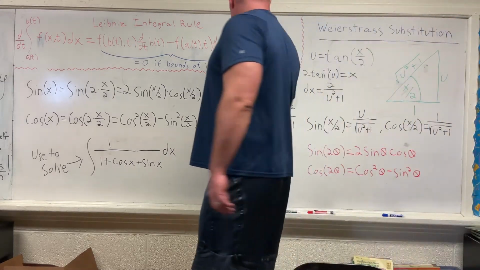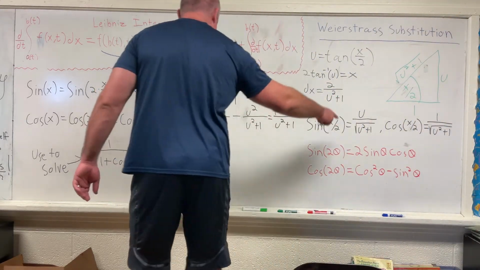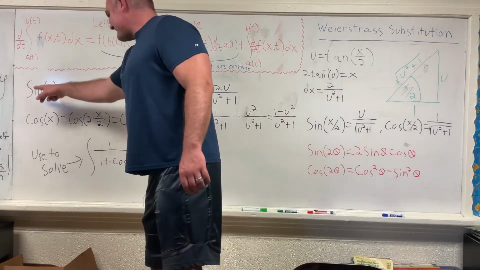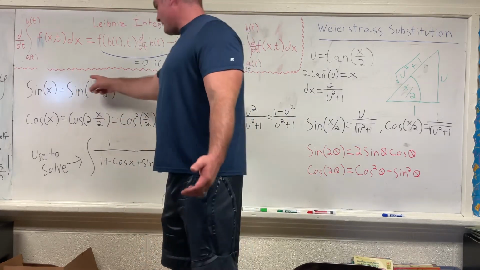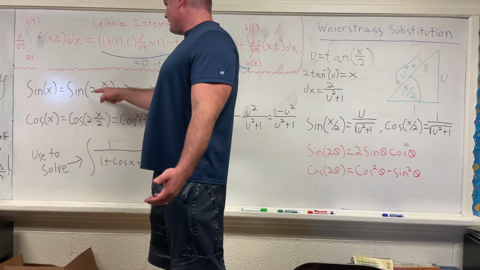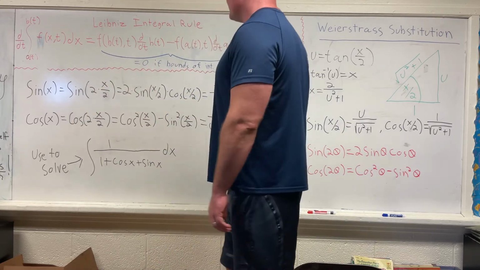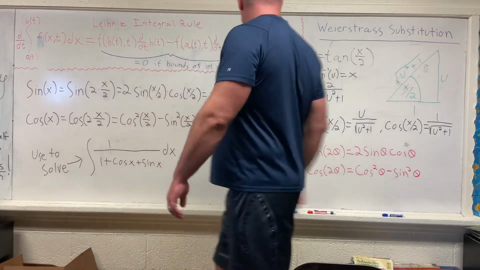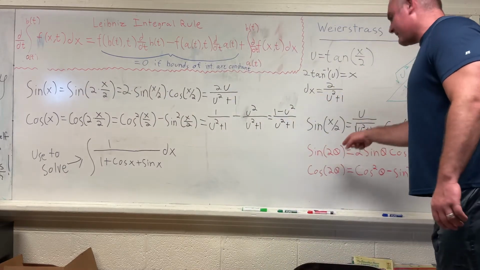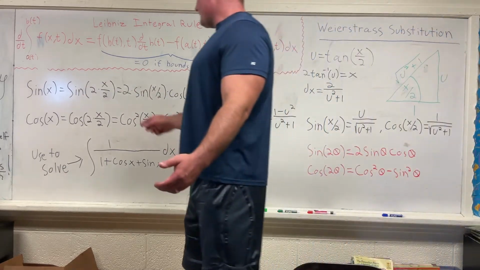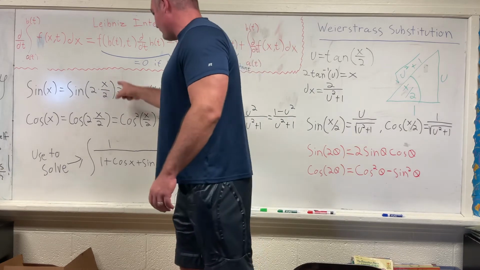So, using these facts right here, we know that sine of x can be written, I hope you agree, as sine of 2 times x over 2. So writing it that way gives us this form, sine of 2 theta, which in this case our theta is x over 2.